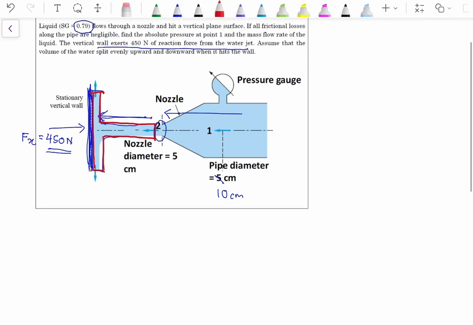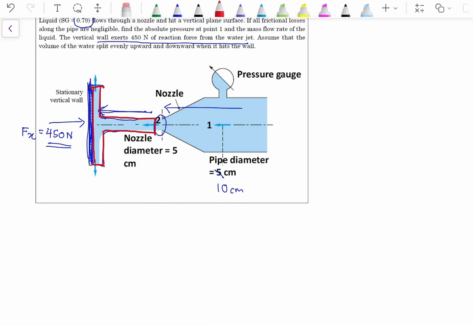If we enlarge that part, your control volume of the liquid becomes something like this. Okay, where you have Fx equal to 450 Newton, and then here you have V2.